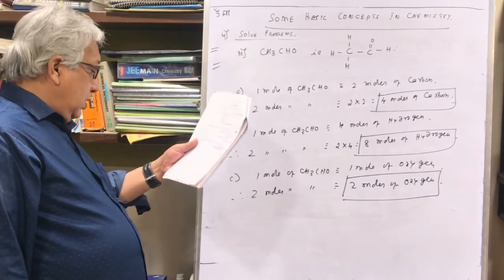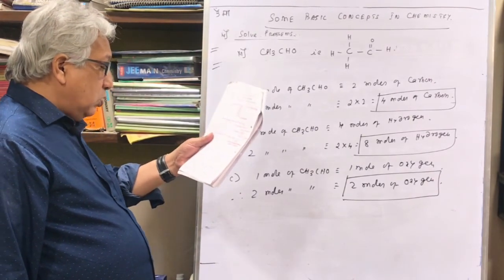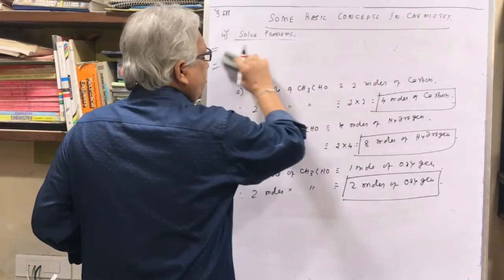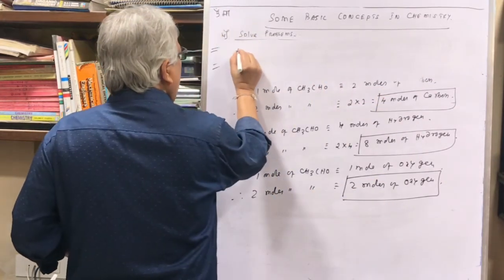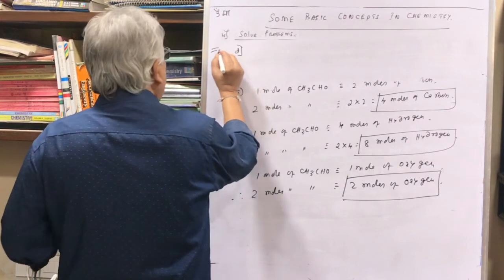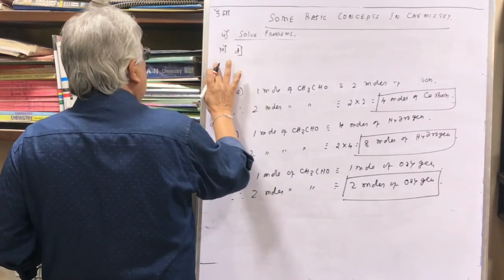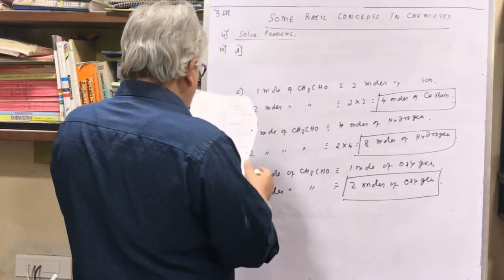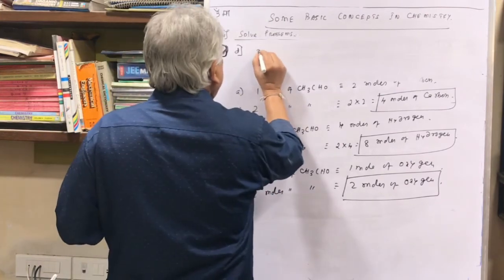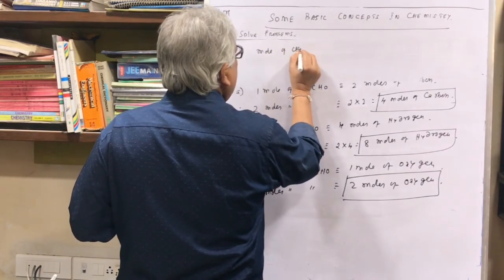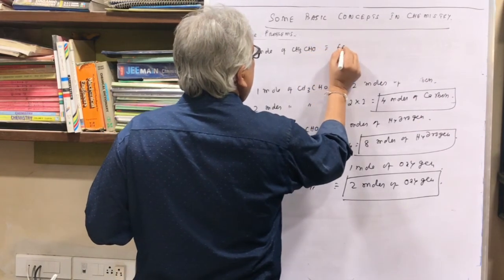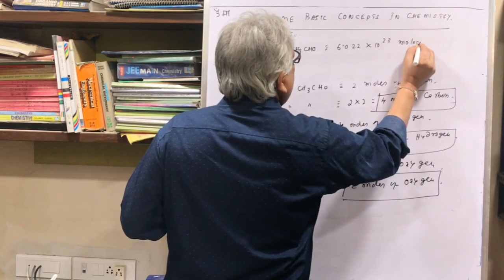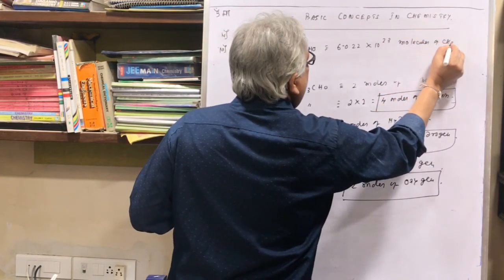Now, I have to find out D. They have asked me how many molecules of acetaldehyde are present. So, I will do it over here. Point D, don't forget it is problem M. So, I say that 1 mole of CH3CHO corresponds to 6.022 into 10 raised to 23 molecules of CH3CHO.